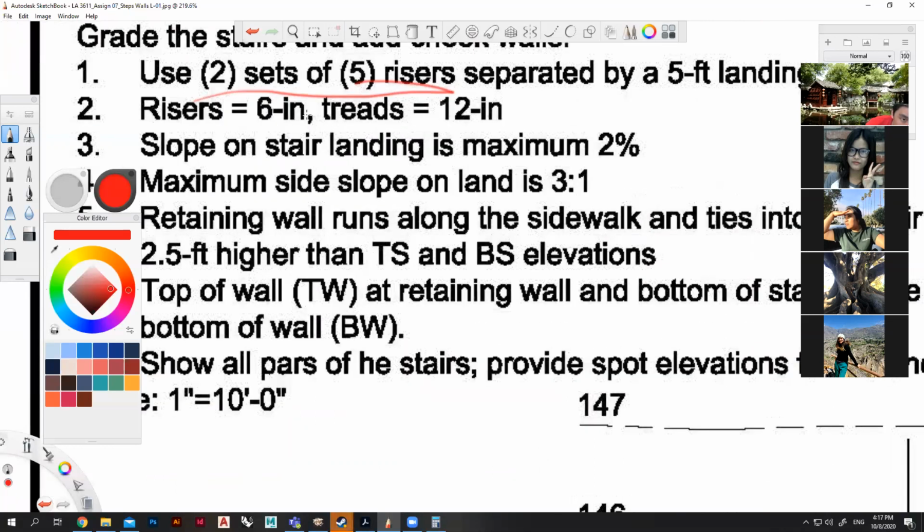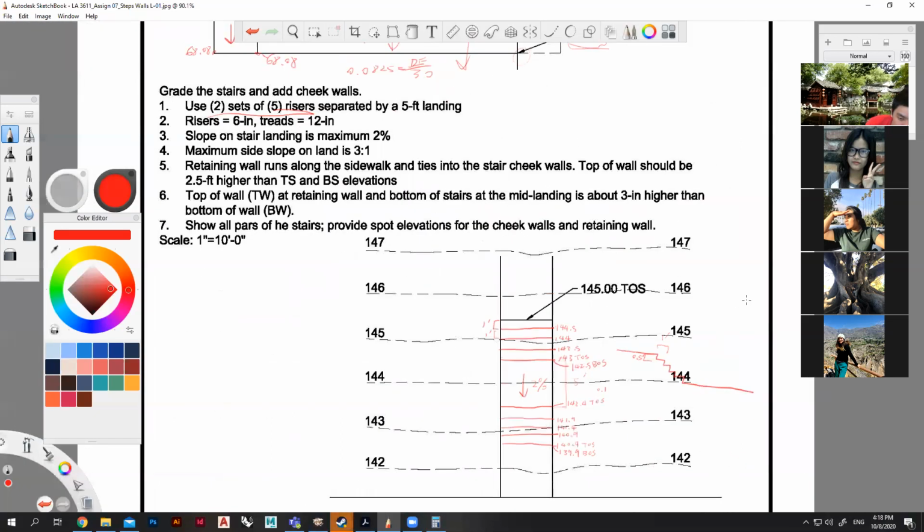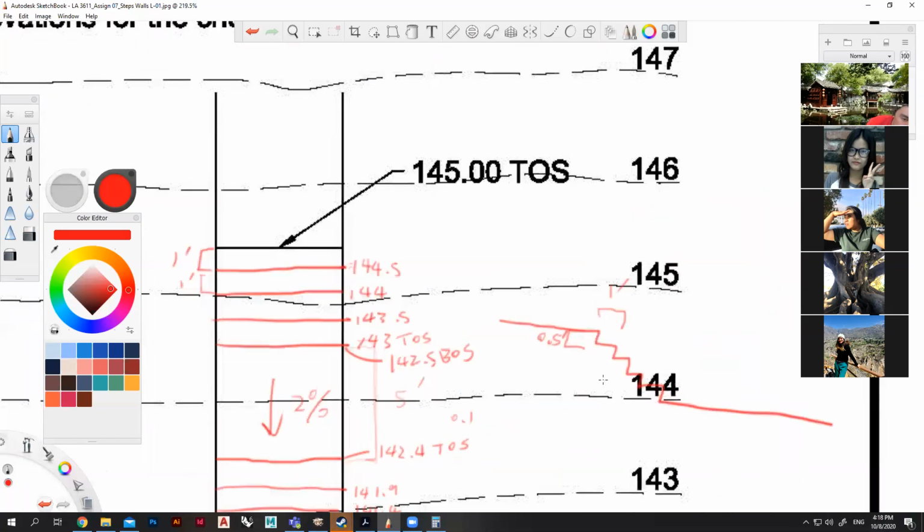Riser is the difference in elevation for the stairs, and the thread is the length of it. So 6 inches is half a foot, and we do the conversion that gives us 0.5 foot over here. Each step is 0.5, and the length of it is 1 foot.